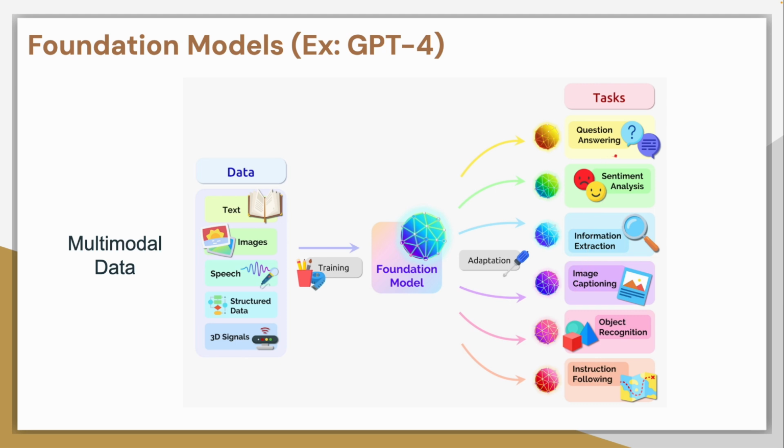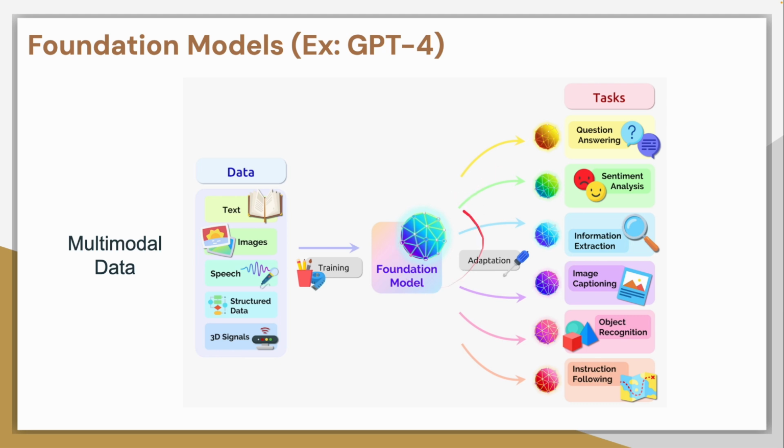Suppose I want to build a question answering chatbot. As you already have the foundation model, it is very easy for the chatbot to understand the context and adapt to your domain. Suppose you want to build a medical chatbot, or a chatbot for e-commerce, or a chatbot for the banking domain. So these are different domains.